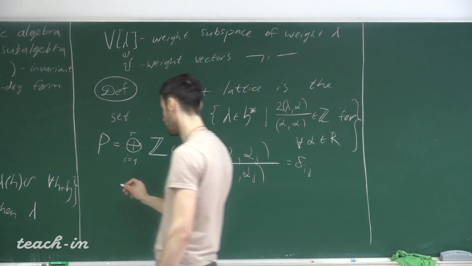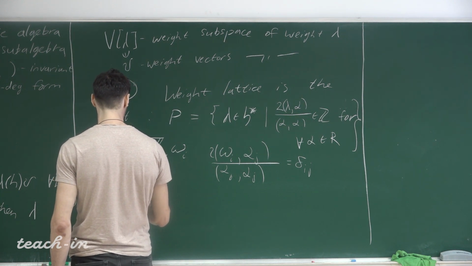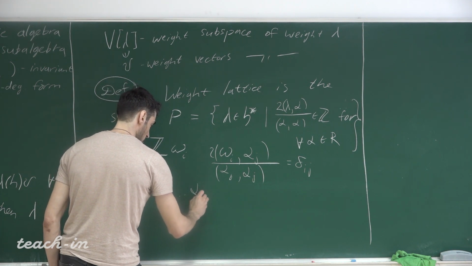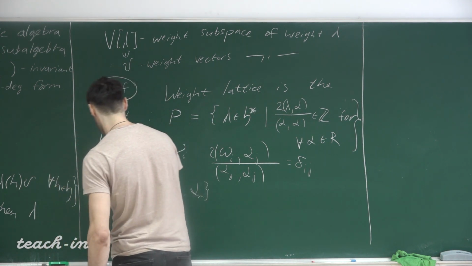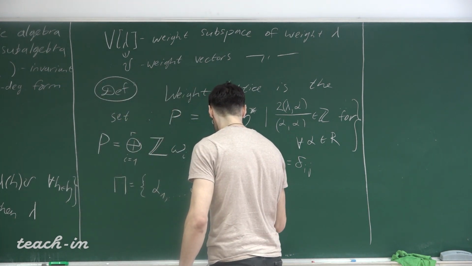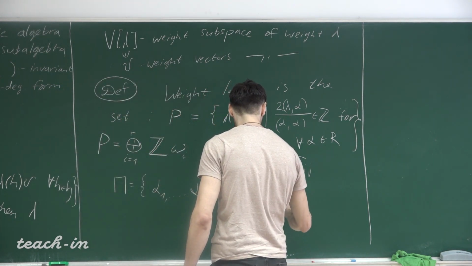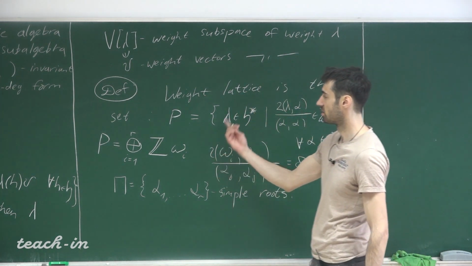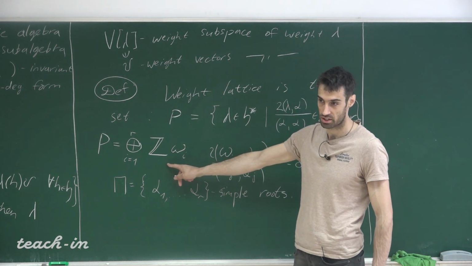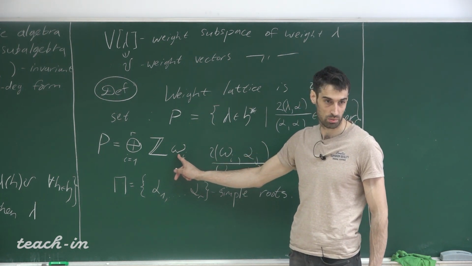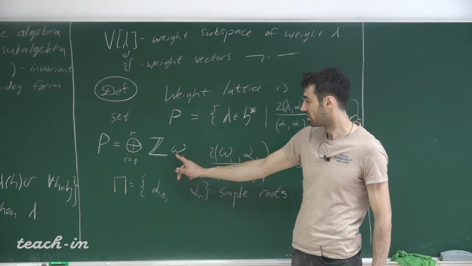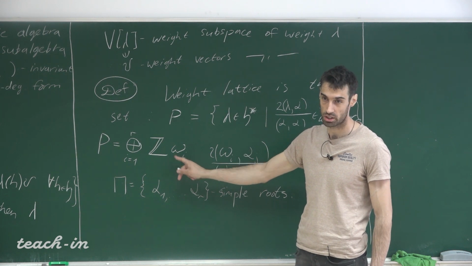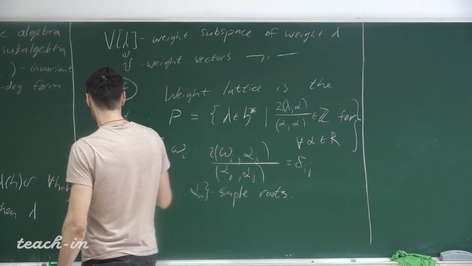Reminder, again, we denote by alpha i's the simple roots. Anyways, usually a lattice in mathematics is something like this, with some vectors, with some bases. And here we have concrete bases, omega i's. These are also called fundamental weights.